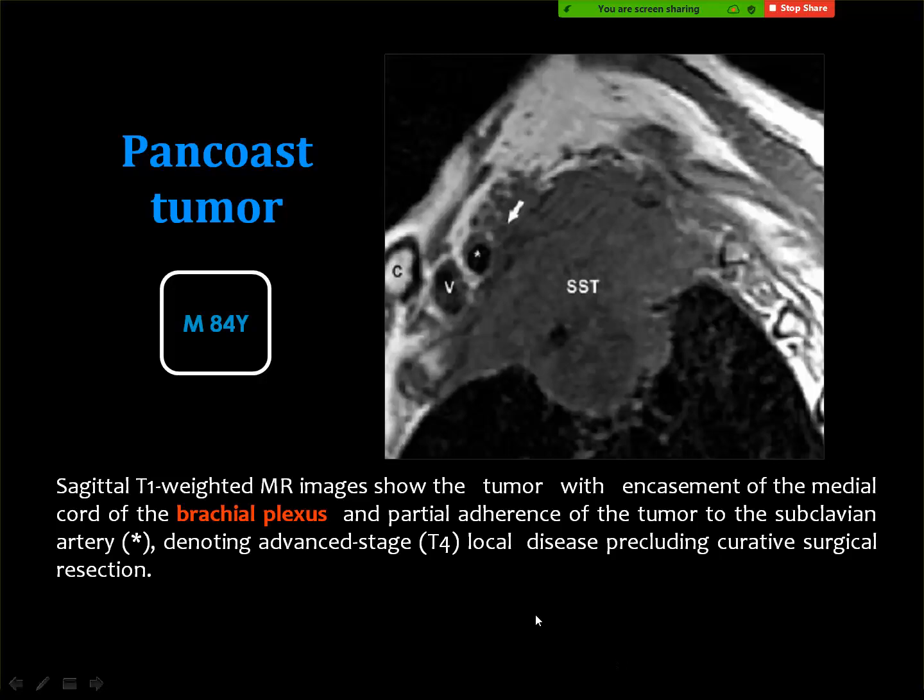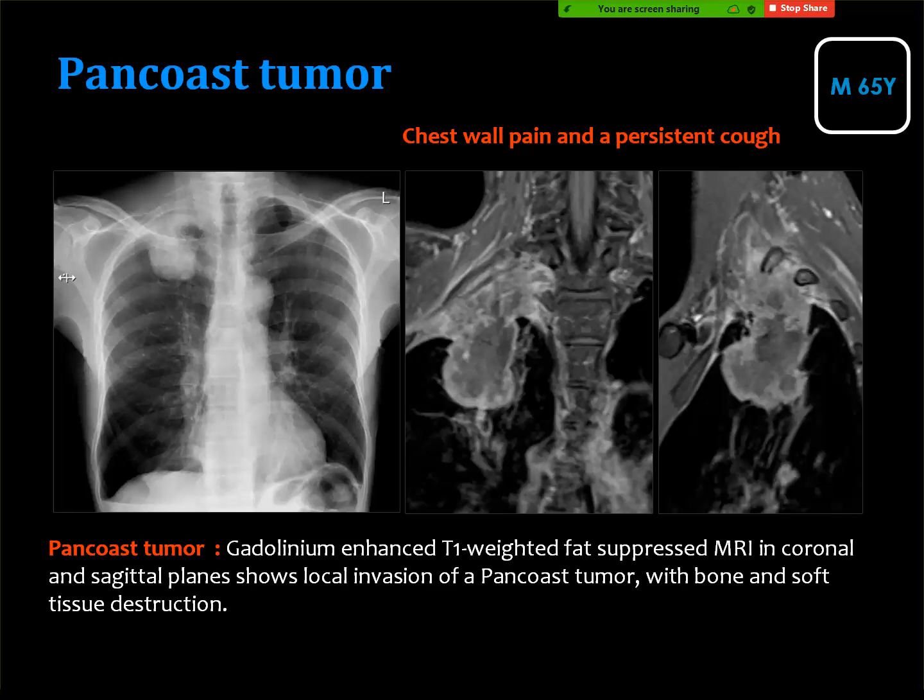Then in cases of Pancoast tumor, you need the help of MRI, especially the sagittal image, where you can see the roots of the brachial plexus, the subclavian artery, and the subclavian vein, and you decide the relation of the tumor to these important structures. Any invasion of one of these three structures is a contraindication for surgery.